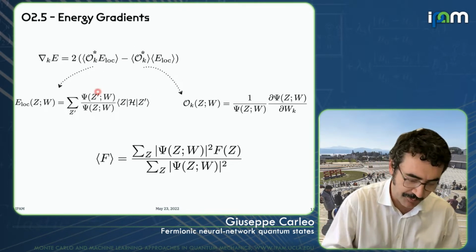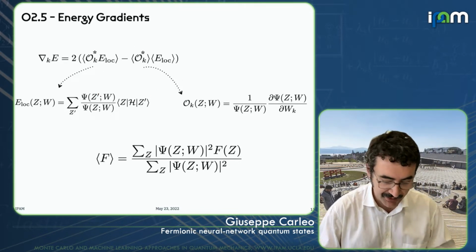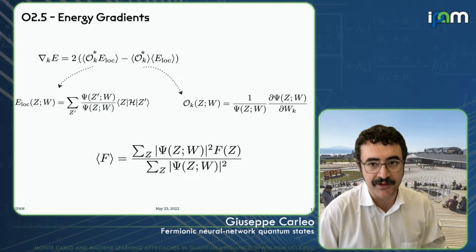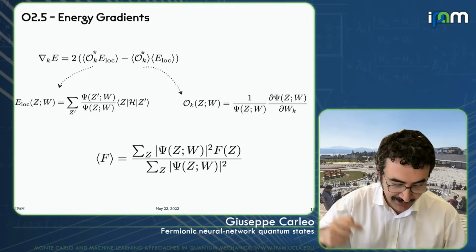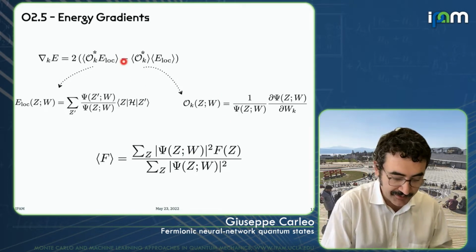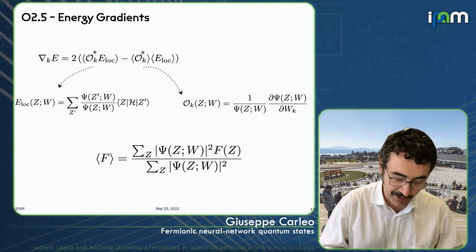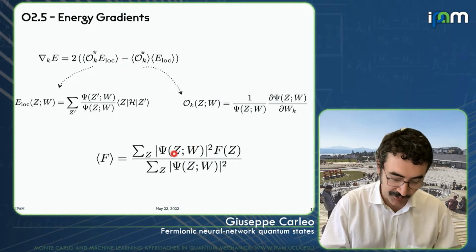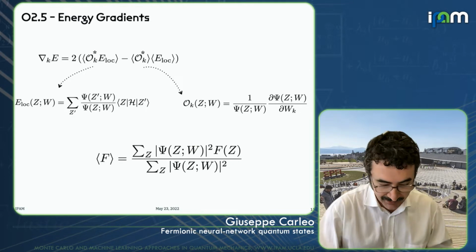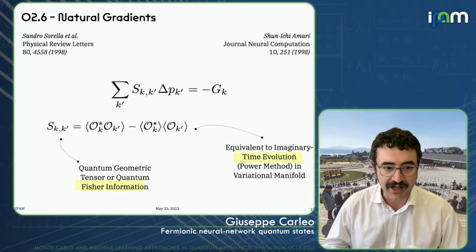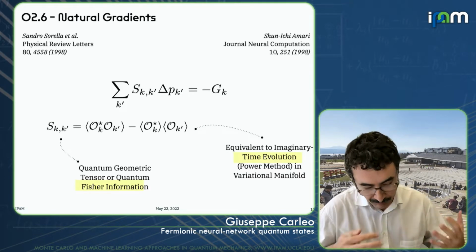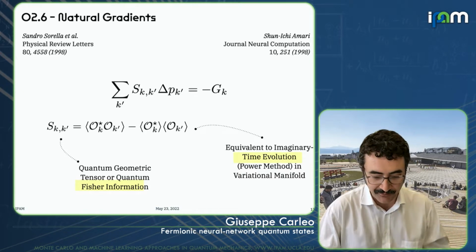We can also compute the gradients efficiently. Typically, we use automatic differentiation to compute these gradients. And again, all these gradients can be written, as is very well known, in terms of expected values over this distribution psi squared.